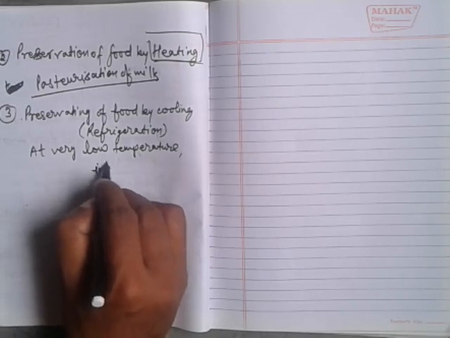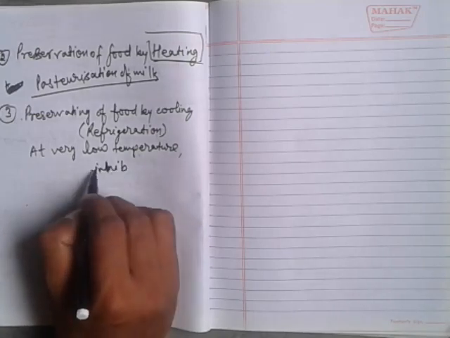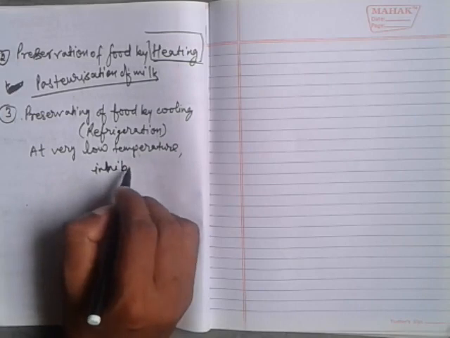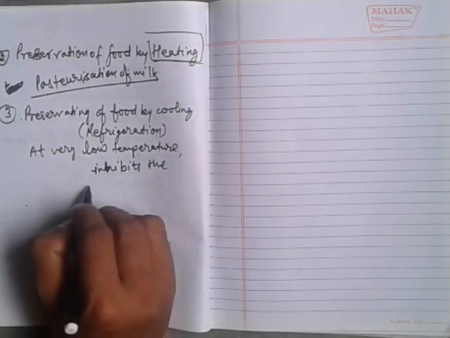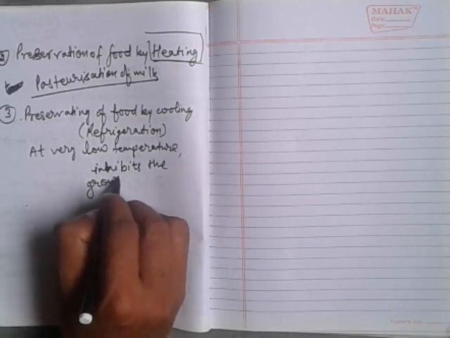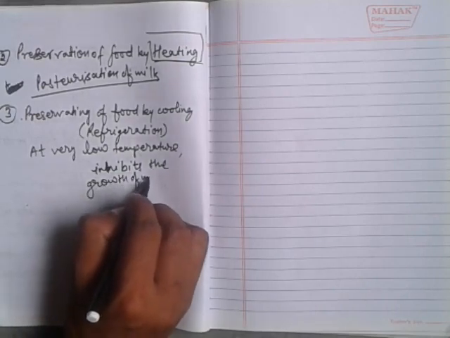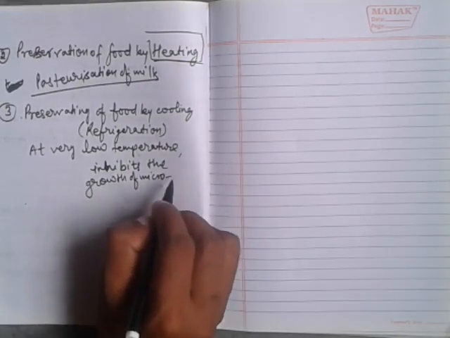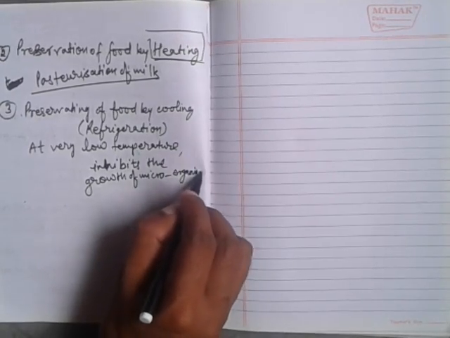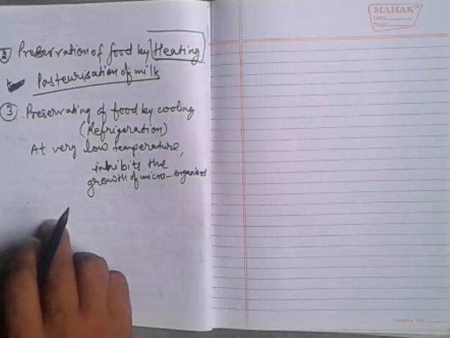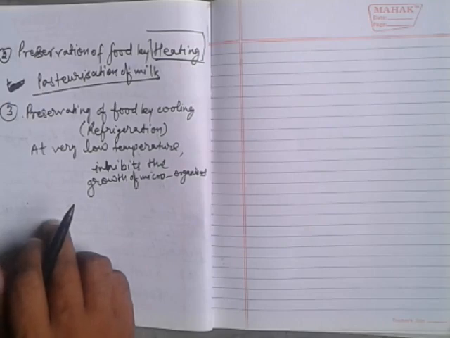Inhibited means stopped. The very low temperature inhibits the growth of microorganisms, and hence our food is prevented from spoilage.